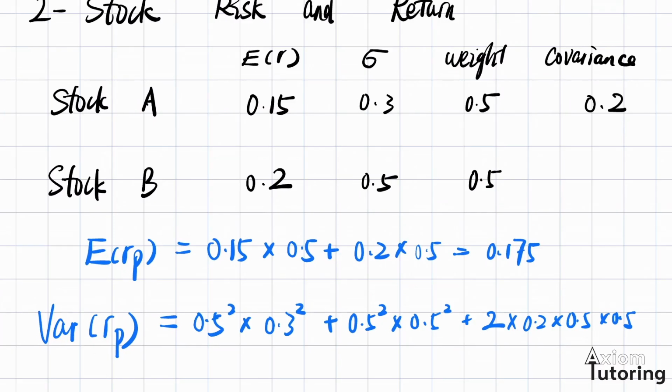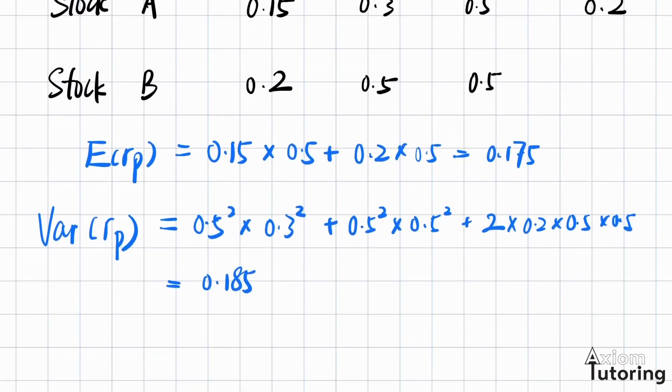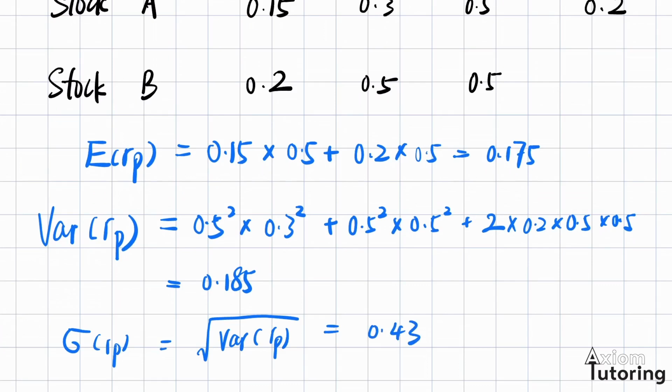So if we plug in the numbers, we would have the variance being 0.185. So the standard deviation for the portfolio is the square root of the variance, which is the square root of 0.185. If you plug in the numbers, it's close to 0.43 or 43%.